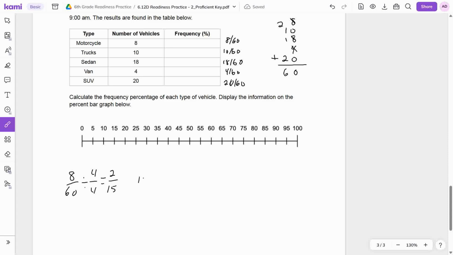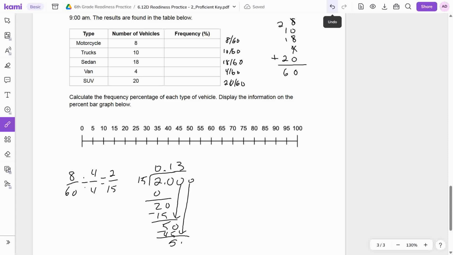I'm just going to divide my 15 into 2, and that's going to get me 20. That's going to go in one time, and we're just going to keep dividing here. That's going to be 3 times. So that's going to be 45. And then look what I get. I get a 5 again, so it's going to end up being that 1.3 repeating.